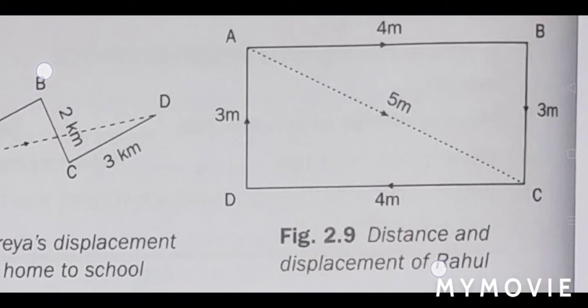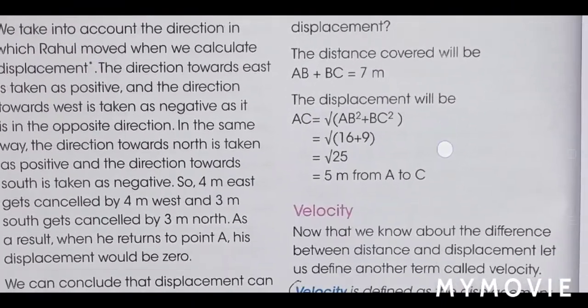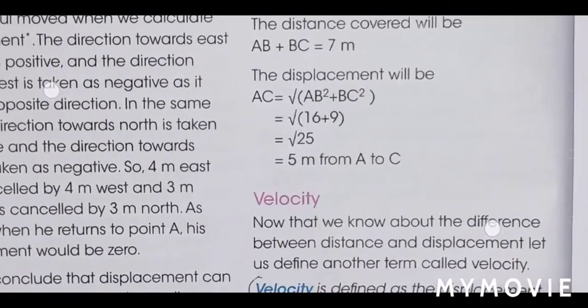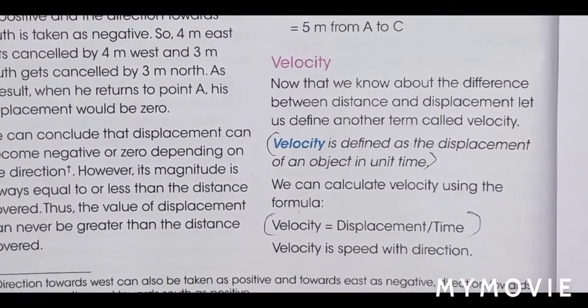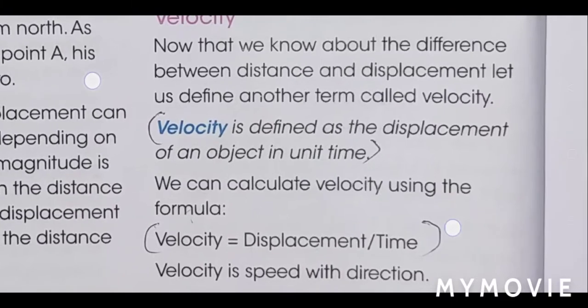Now the third part, velocity and speed. We already know speed is the distance traveled by a body in unit time, and velocity is defined as the displacement of an object in unit time.